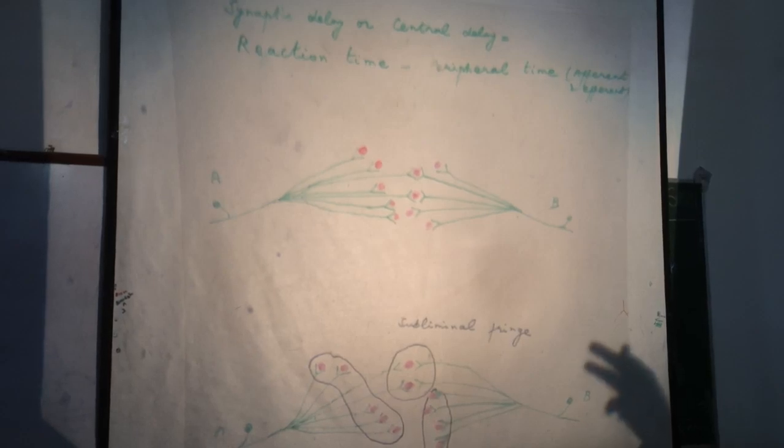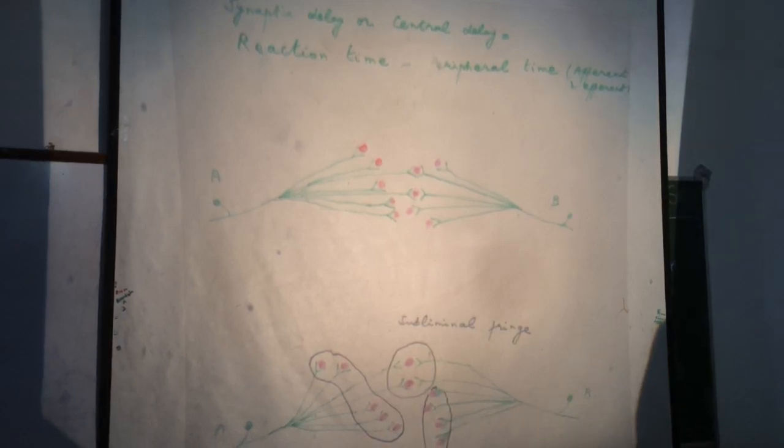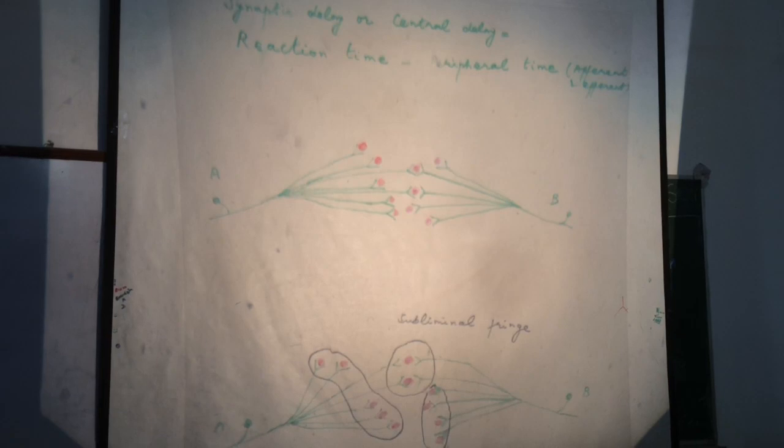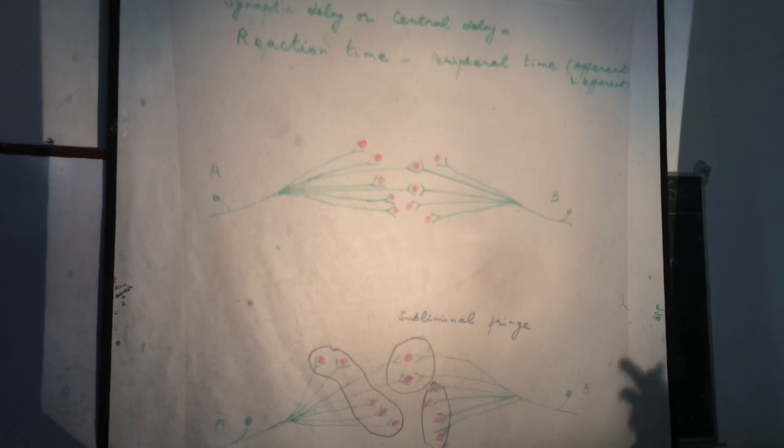When one motor neuron is completely excited, a tension of 1G is produced in the muscle.